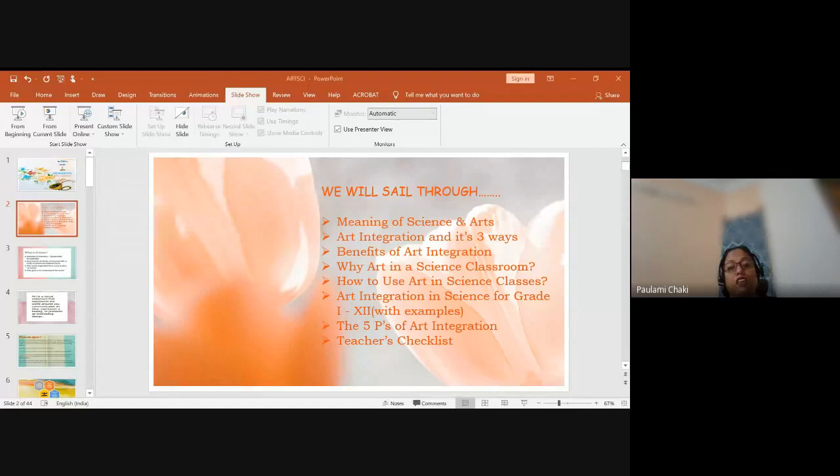Then art representation. Art has different forms: music, dance, and visual ways of representing it. So we have to try to use these multiple forms of artistic representation. We should not restrict ourselves only to diagrams or drawing. We can include everything. Language as an art we can include. In one of the webinars, I learned about culinary art that we can introduce.